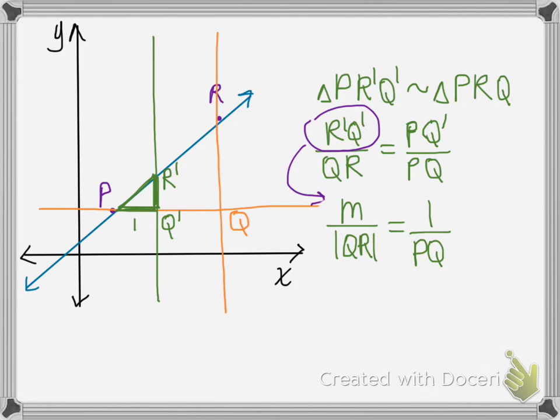Okay, so now we have this proportion right here, these two ratios set equal. And if we multiply both sides of this by the length of QR, because it's just a number, we get that being 1.